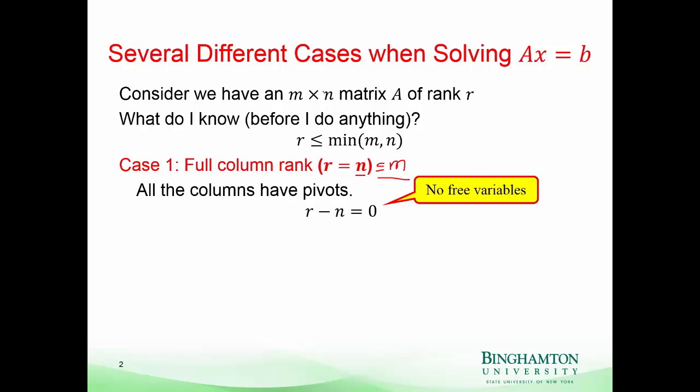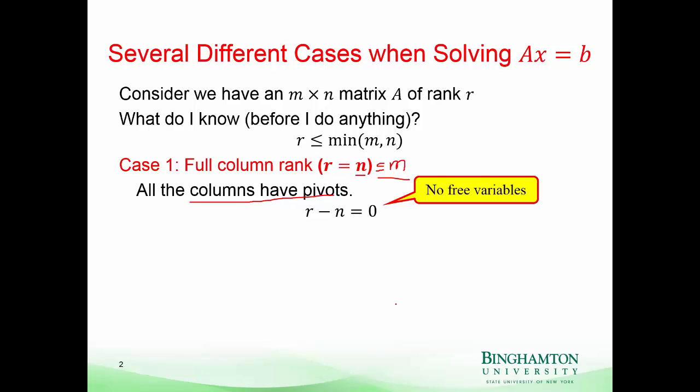So if we were to apply our thinking about finding pivots for such a matrix, what we would find out is that all the columns have pivots in this case. That's what it means for the column rank to be full, or equal to the number n.